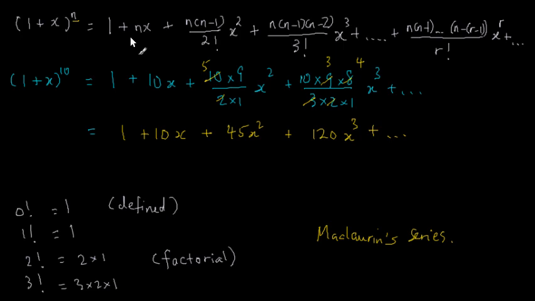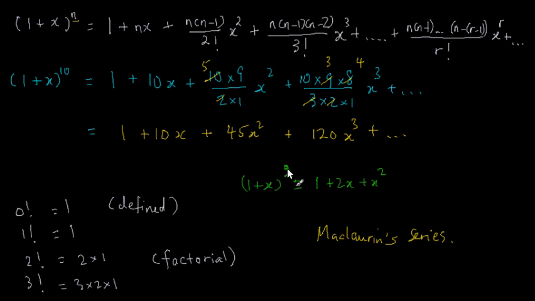So for example, let's just remind ourselves by writing out the two simpler examples that I've seen. When this was 1 plus x squared, I had 1 plus 2x plus x squared, and this means I have 3 terms here.